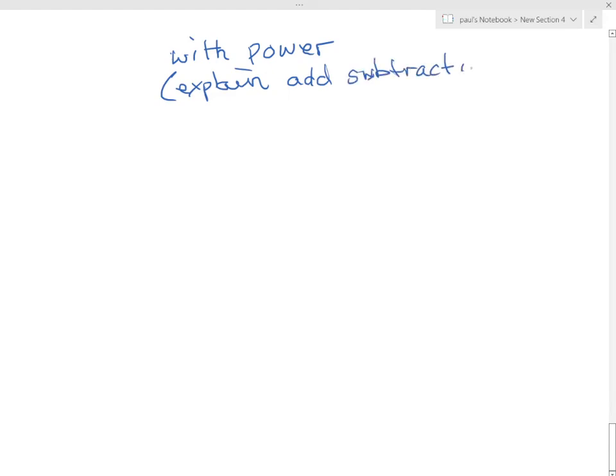And we did a little sort of sidetrack when we go back to an earlier bit where we were working with powers, and this will hopefully explain adding and subtracting with negatives.